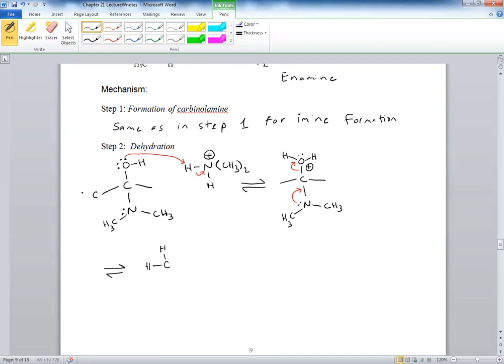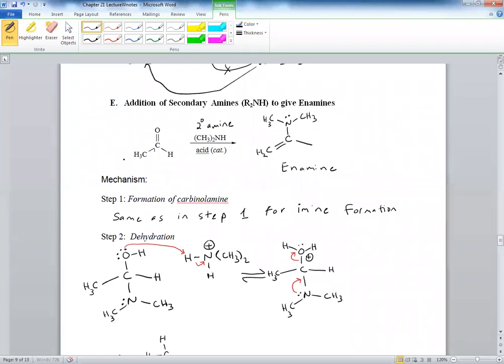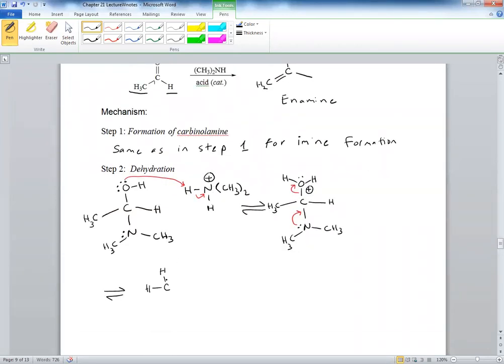By the way, this is a CH3. Let me put them here, from the starting material. So I'm going to draw out the CH3's because I need to use them. I need to show you a step here.